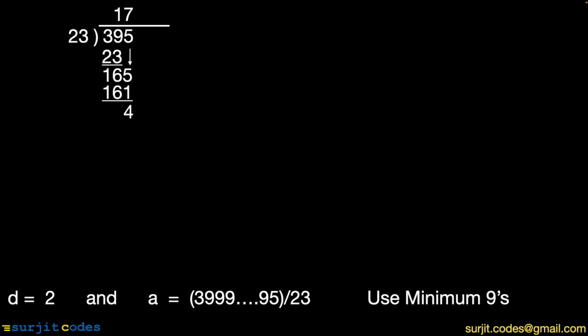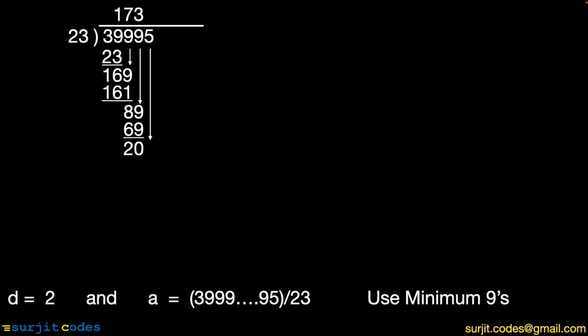We may try bringing down 5 and continue with the division only to find that even 395 is not divisible by 23 as the remainder there is 4. So we add another 9 and the remainder changes to 8. We now bring down 5 to find that for 3995 also division by 23 gives the remainder as 16. So we insert another 9.